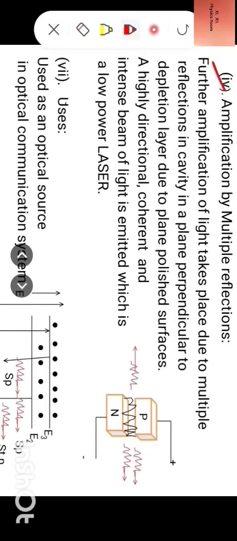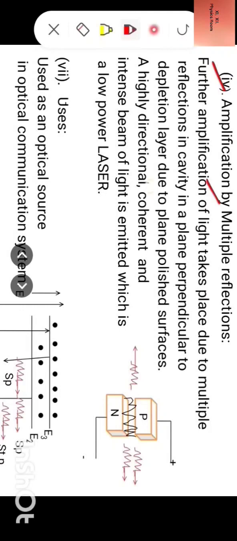Now fourth, amplification by multiple reflections. Further, amplification of light takes place due to multiple reflections in the cavity in a plane perpendicular to the depletion layer due to plane polished surfaces.